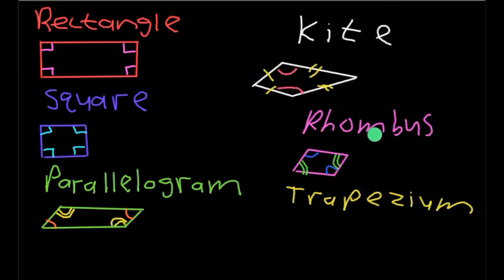Then we look at our rhombus. The rhombus is exactly the same as the parallelogram in terms of the angle size properties.